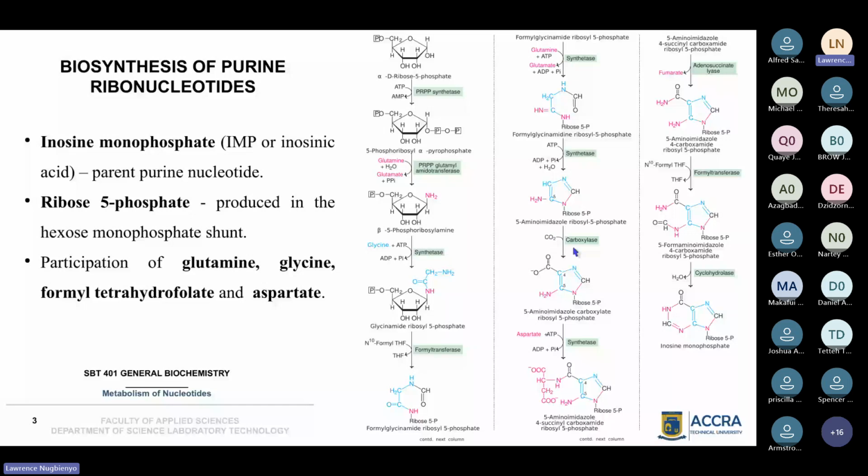Now, you can also see that aspartic acid comes in again, this time around, to bind with that carboxyl group, which came in from carbon dioxide. But from that, we see that there's a removal of fumarate.